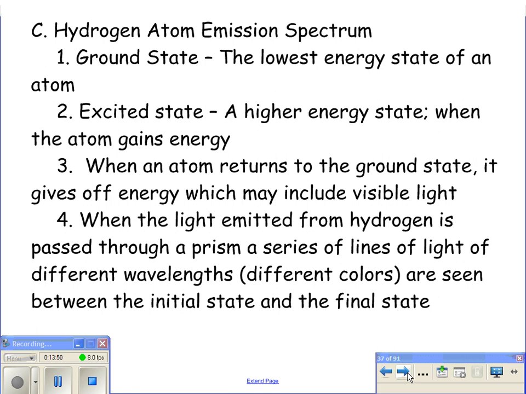When they passed it through the prism, they actually found out that there were 4 different colors. And so their hypothesis about the number of electrons determining the color was not exactly correct. And that's what led them to come up with what's called the planetary model, with electrons orbiting the nucleus.